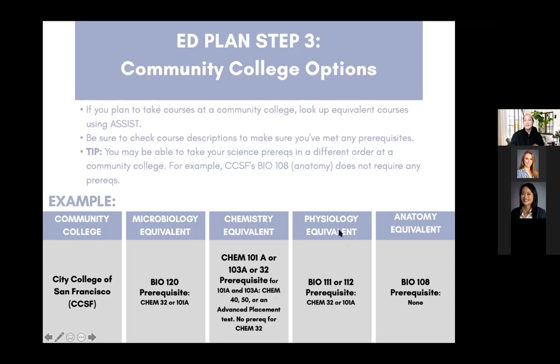And then physiology requires you to have a chemistry class done. That's the same as our physiology. And then here's the anatomy, as I mentioned. There is no prerequisite at City College, whereas at SF State, it requires you to have physio and chemistry done. So again, what's important is for you to read the description of the course so that you understand that you meet the prerequisites with them.